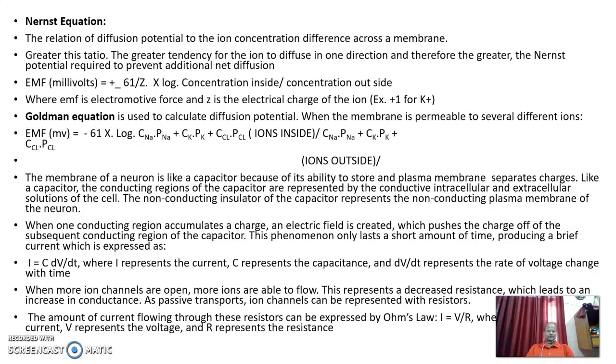Here EMF is the electromotive force and Z is the electrical charge on the ion. For example, for potassium it is plus 1.